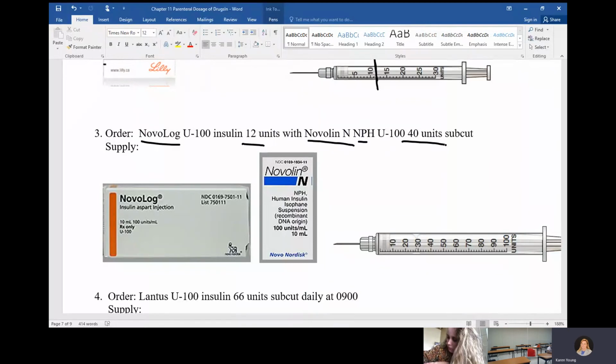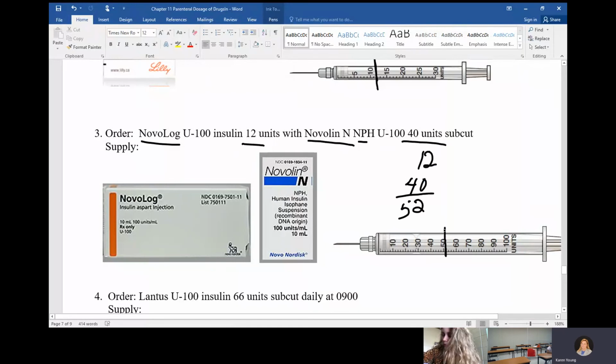But how many total units am I going to need? What I'm looking for here is how many total units I am going to put in this syringe. 12 plus 40, right? 52 units. And then I'm going to mark my syringe.